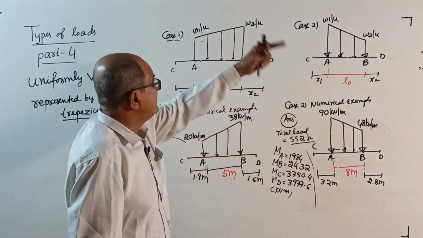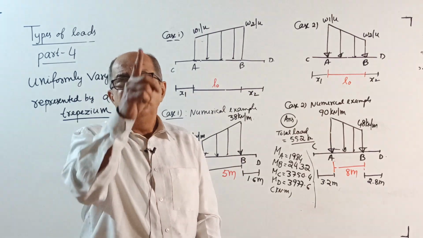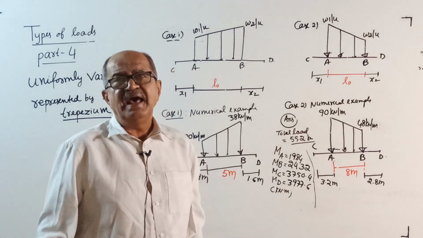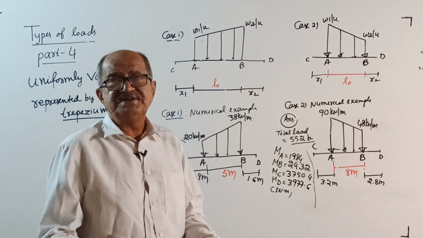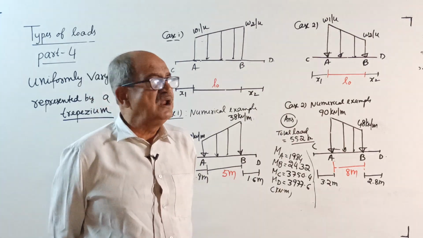Now, what do we have to do today? For all the cases, we require, and this I am telling from the beginning: 1, magnitude of total load. 2, direction, downwards. Why waste time? 3, where is the line of action of the total load?